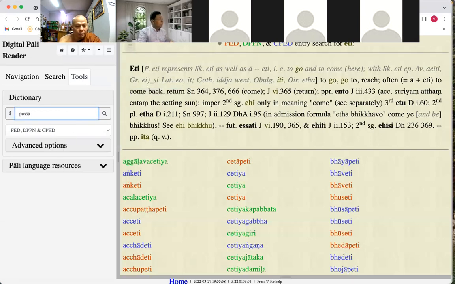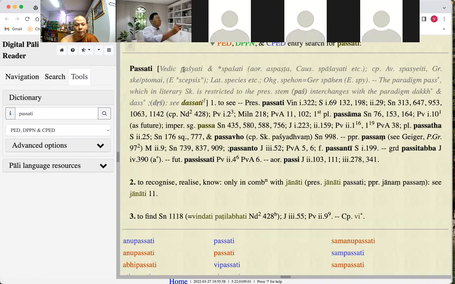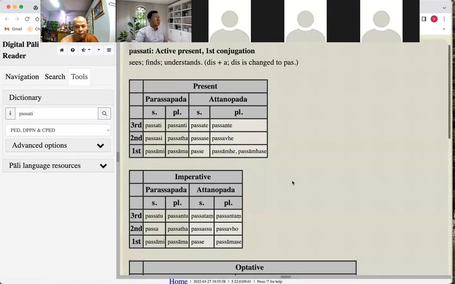For example, passati. So passati, Vedic is Sanskrit, pashyati. Okay, pashyati. But in Pali, the root does or dis in this way, root dis. So that we can check in another dictionary. So for example, this one, passati.